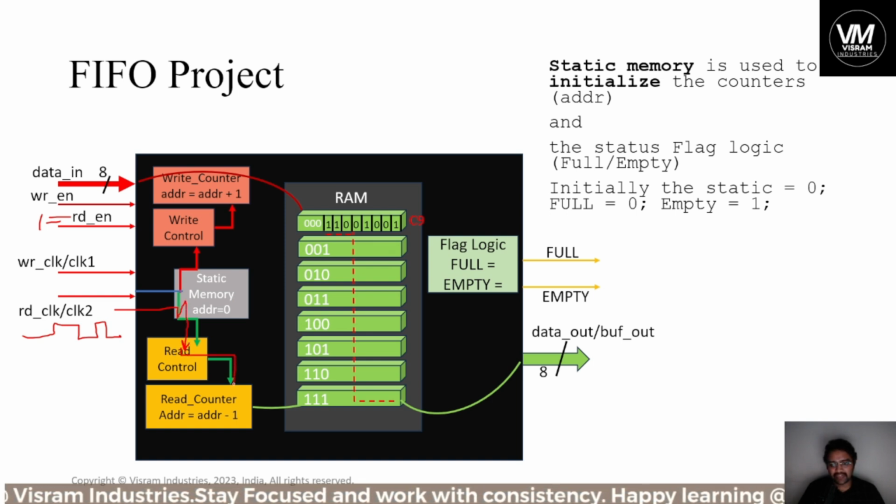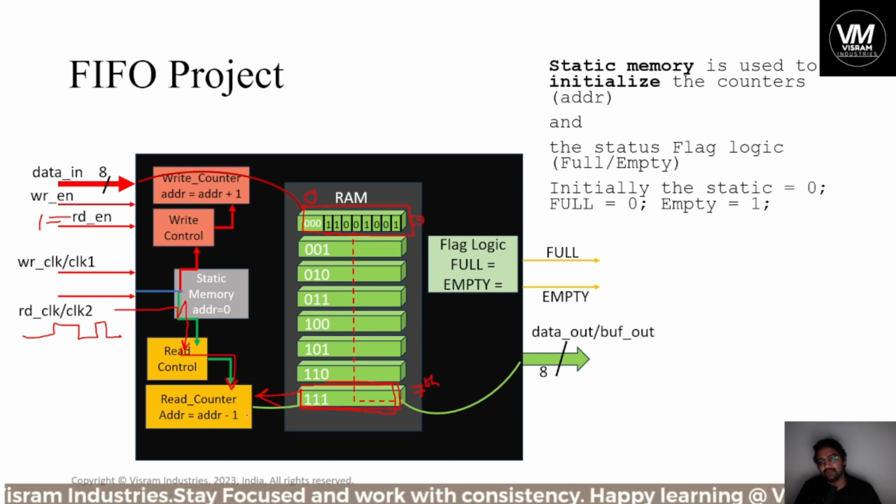Read control will send a message to the read counter, so that once you have the full data, the read counter's connected device will be the last register. And for the write counter, for the writing process, you always need to take the first register, the initial register. So it is at 0, and for read it is at 7.